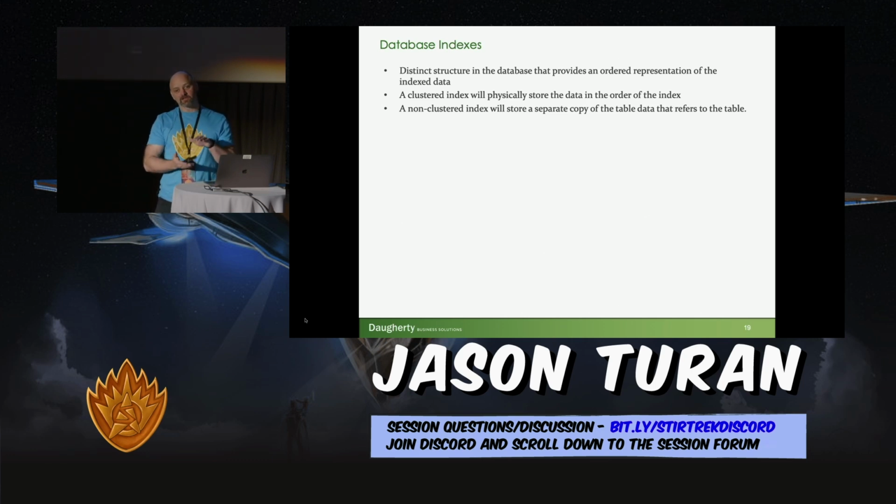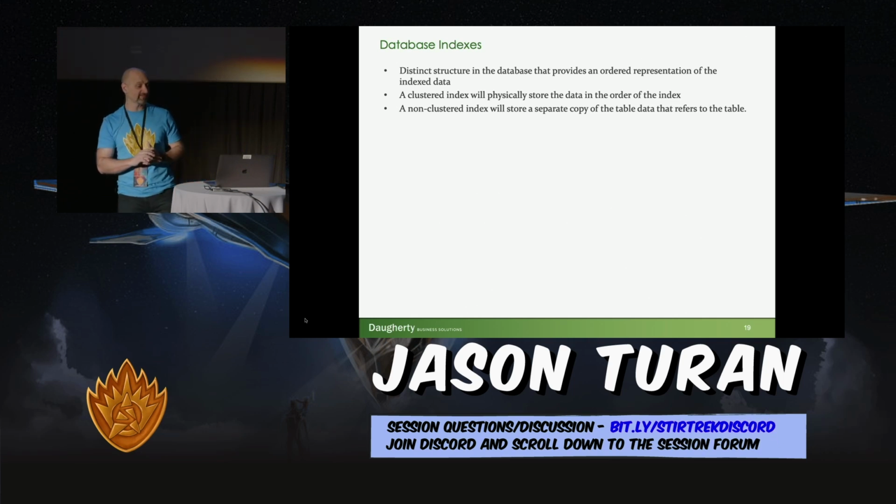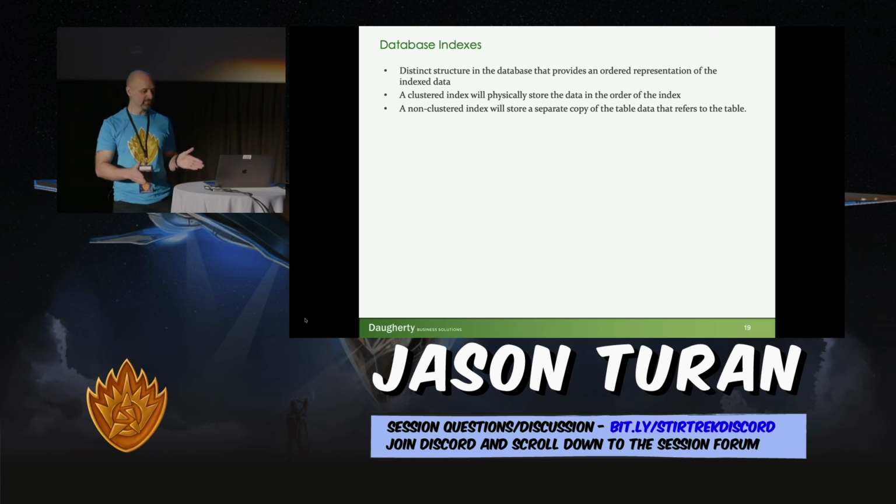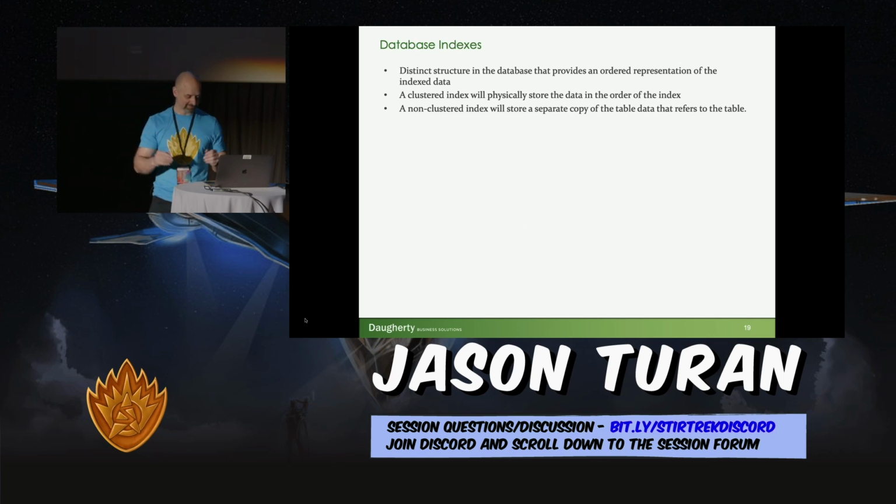Because they're in order, they're physically stored as a binary tree, and you can use a binary search to find items out of the index, which has a computational runtime of not n, but log of n. And log of n is huge. It's just really efficient.